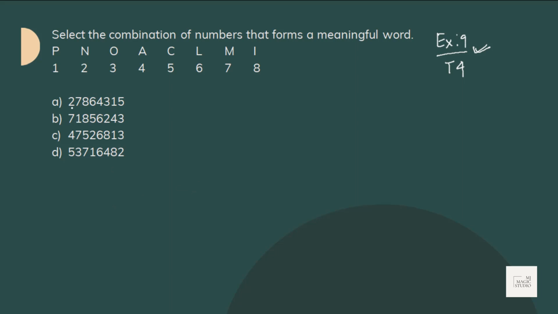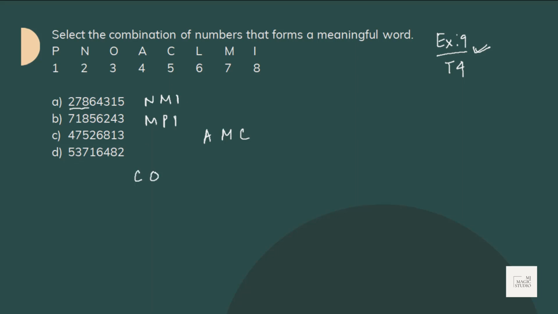So let's try 278. 278 would be N M I. 718 is M P I. 475 is A M C. I don't think we can form words with these.